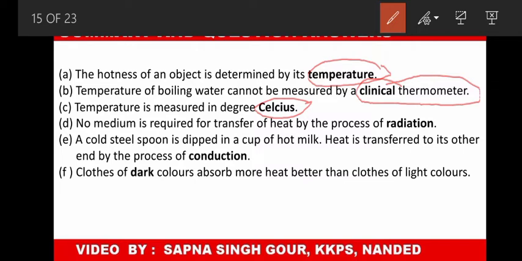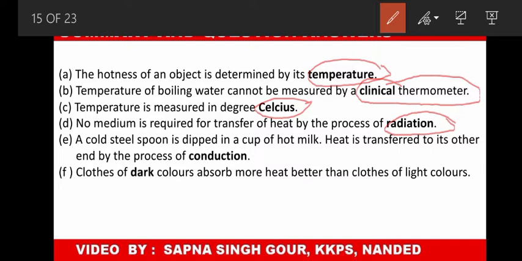In which process of transfer of heat is the medium not required? In radiation. We have seen that there are 3 ways of transferring heat. What are they? Conduction, convection and radiation. In conduction, heat transfers in solids, whereas in fluids convection takes place, whereas where there is no medium, radiation takes place.